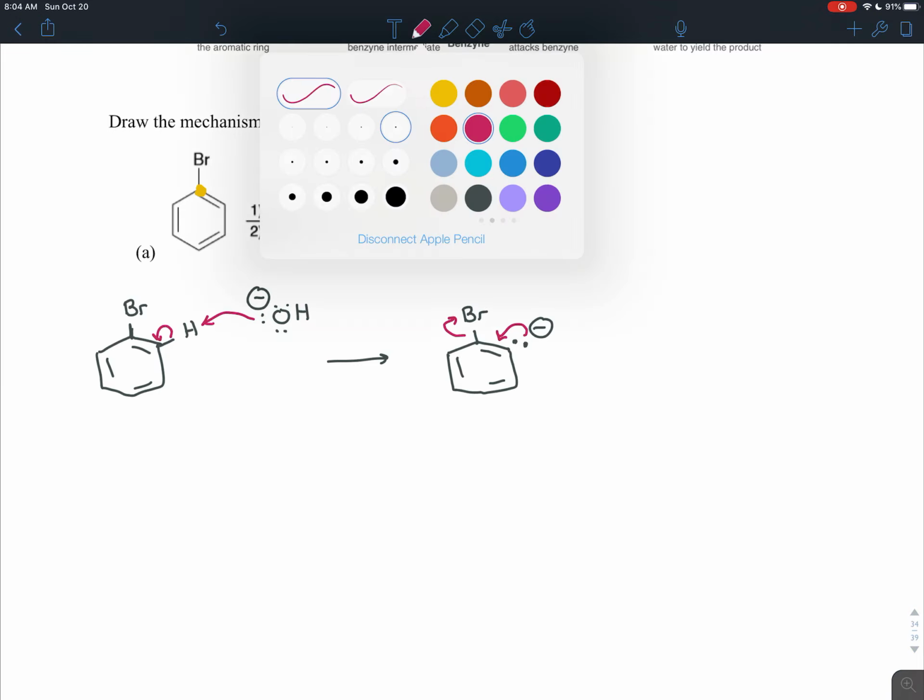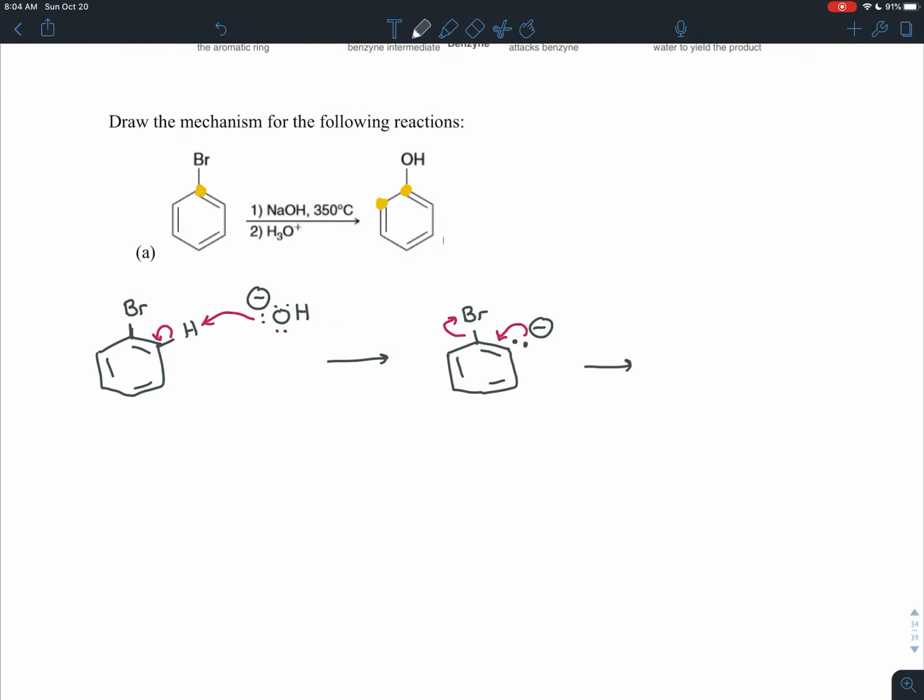Those electrons push the leaving group off, and you form this very exotic benzyne intermediate. Remember that the infix yn means that you have an alkyne, a triple bond. So you have a triple bond in benzene, so it's a benzyne intermediate. It's really unstable.